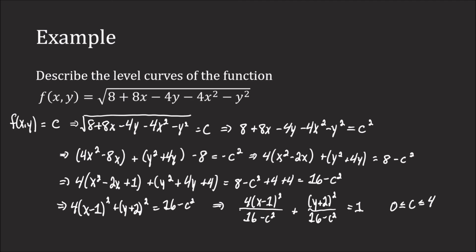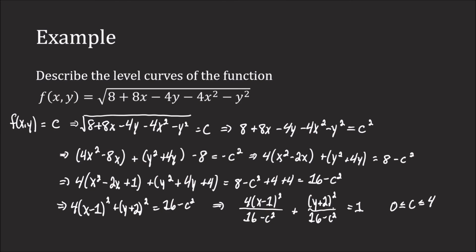First, if c is greater than or equal to 0, but less than 4, well then this would be ellipses, right? So the level curves are ellipses centered at, if we look, 1, -2.